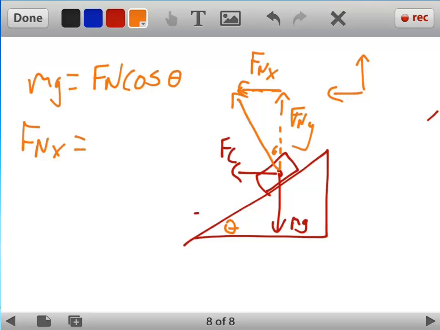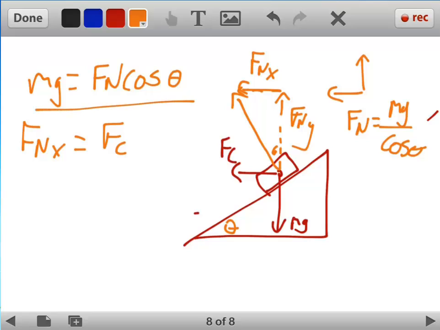So Fnx is equal to Fc. How do I find the normal force? Fn times the cosine of theta equals Fny, but that means Fn equals mg divided by the cosine of theta. I just solved this equation.